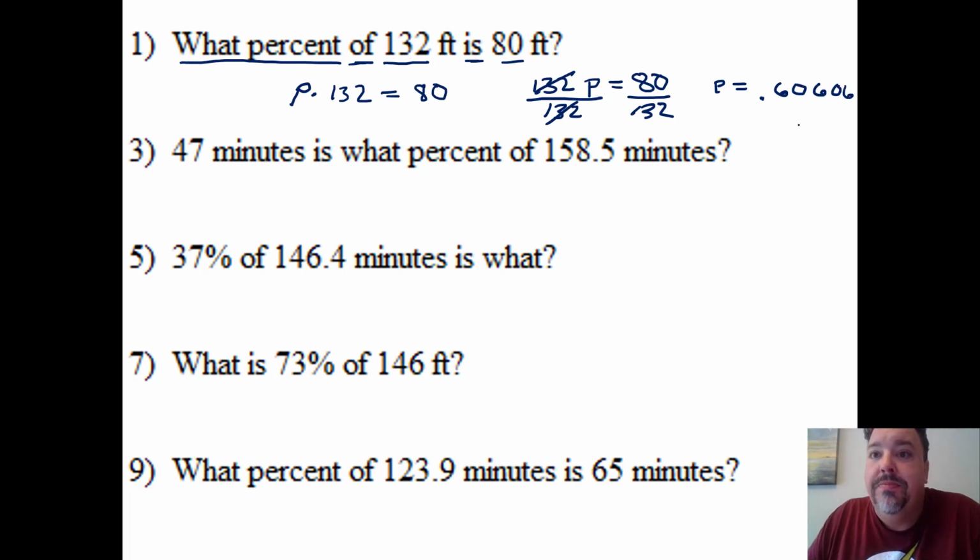0.606060, it just keeps going. But remember, what did we want? We want to answer this as a percent. So at this point, we're going to turn our decimal into a percent by moving the decimal 2 places to the right. And so it would be 60.606. A lot of times the directions are going to say round to the nearest tenth of a percent.